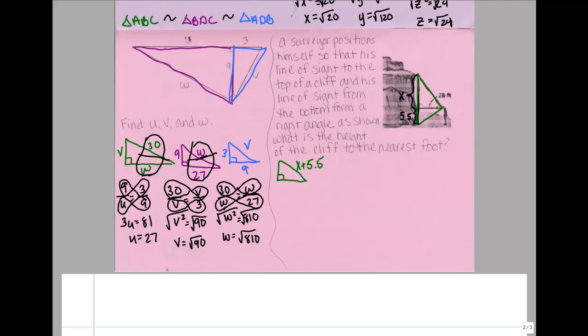Then we have our medium triangle, which is 28 and x. And then we have our smallest triangle, which is 5.5 and 28.